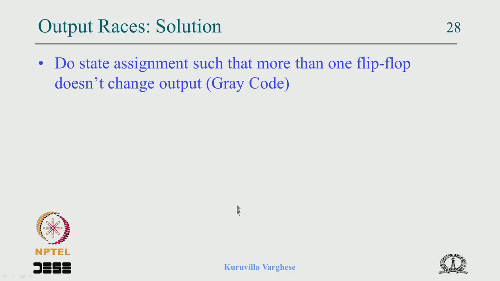Maybe you will say you insert one dummy state in between which does nothing. It can be done, but then in a complex state diagram, where you find there are a lot of adjacency problems, you introduce dummy states and it becomes complex, and a lot of area is wasted on that. That's not a very bright solution.